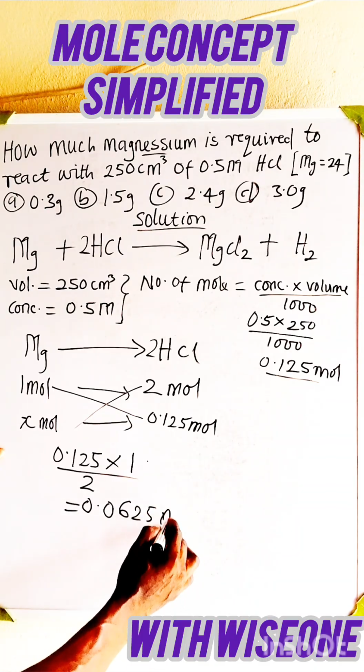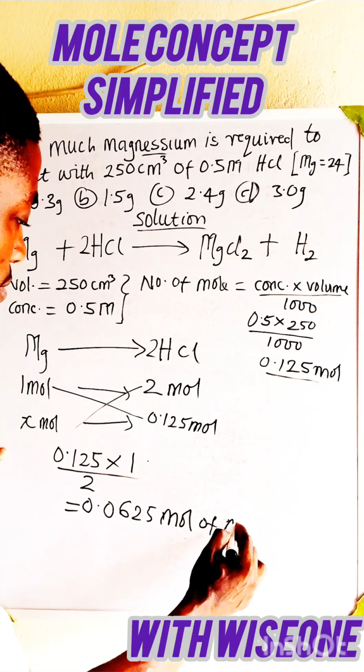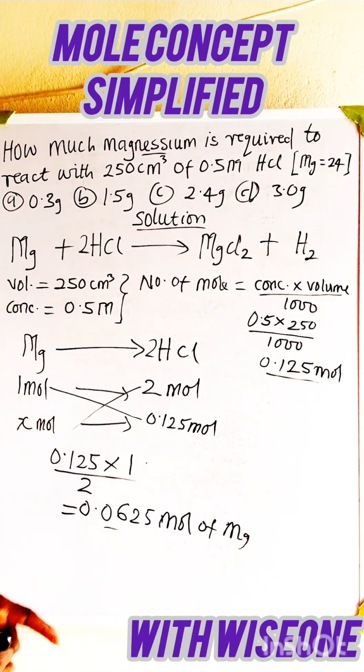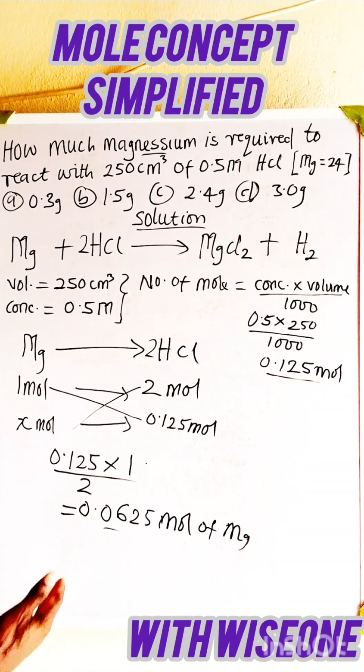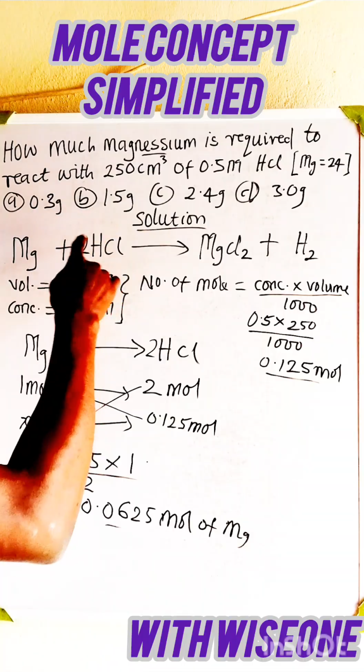Okay, this is the mole of magnesium. But we are not looking for the mole of magnesium, we are looking for the mass of magnesium, because the options given here are in mass.